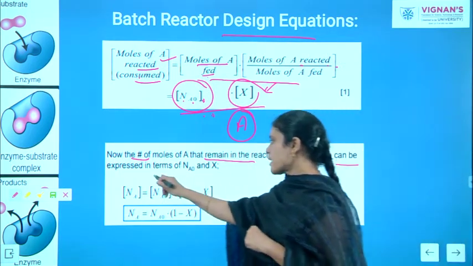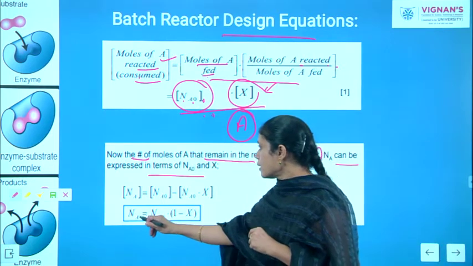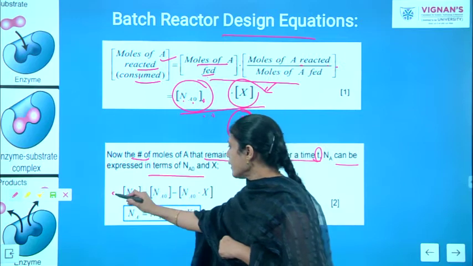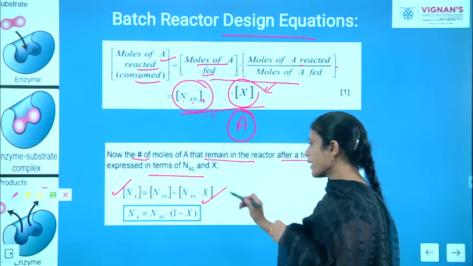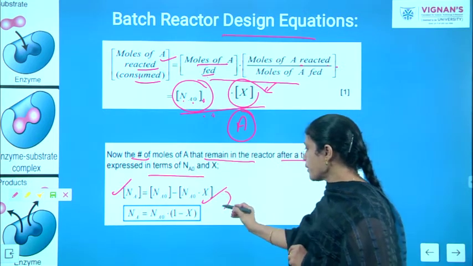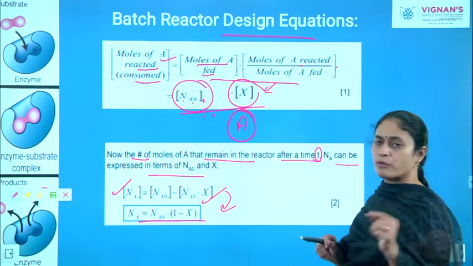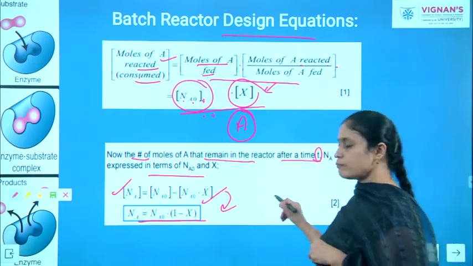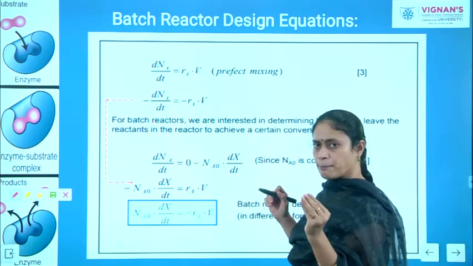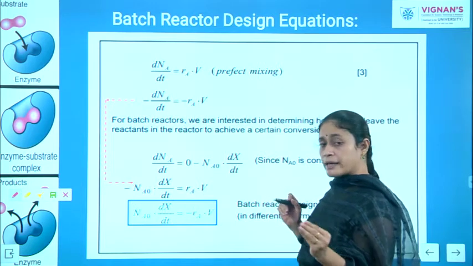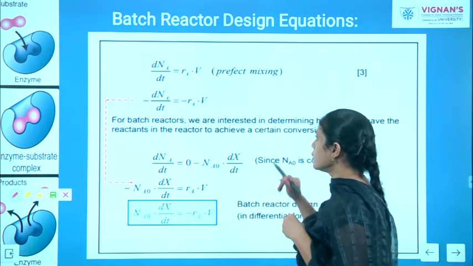Na can be expressed in terms of Na naught and X. Here you are going to get Na is equal to Na naught minus Na naught into X. So, upon simplification, you are getting Na is equal to Na naught into 1 minus X. We will see the further steps in the next slide. At a particular time period, there will be reduction in your substrate and there will be formation of your product.